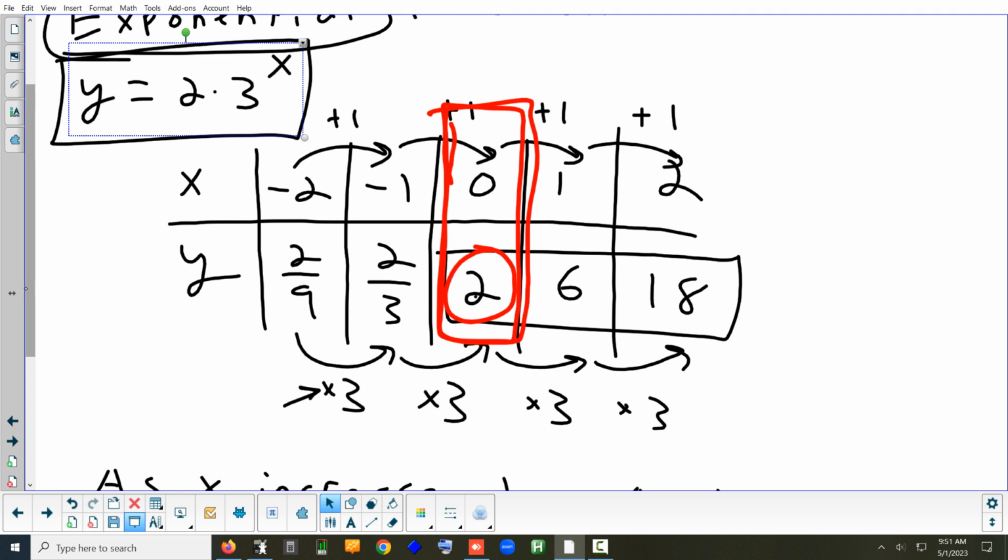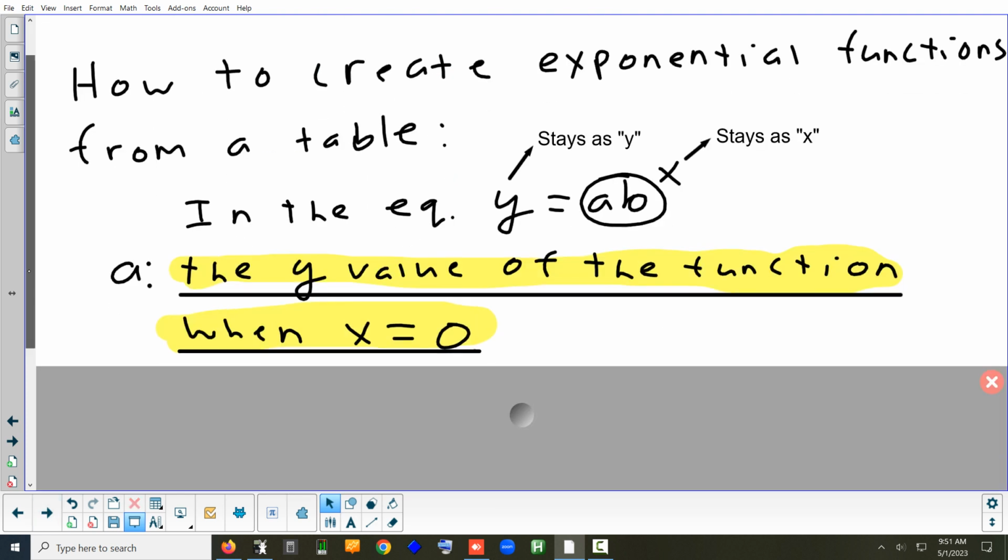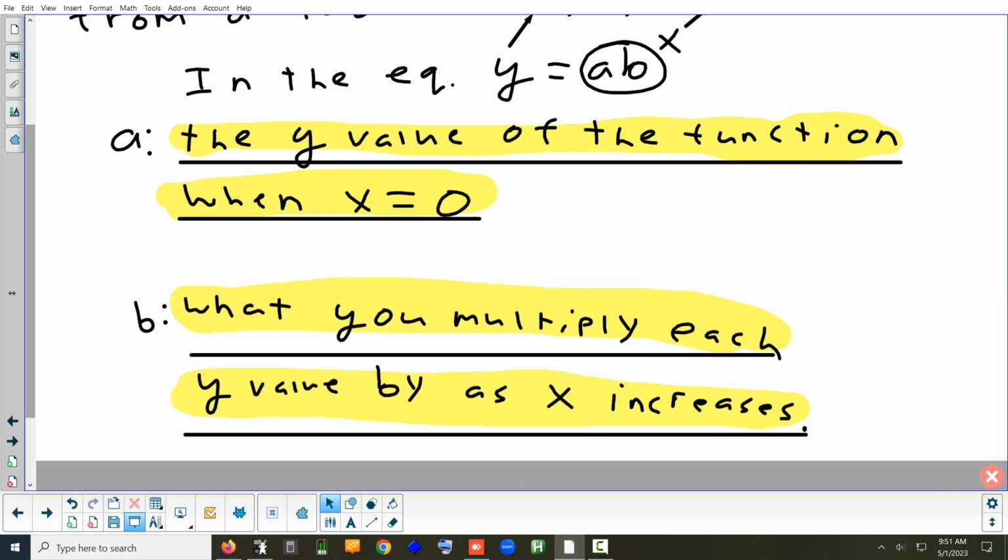Yeah. It's what we multiplied by each time to get from one number to the next in the row that's y. So this is the B value. It's what you multiply by each time to get from one number to the next. Let's write that down.